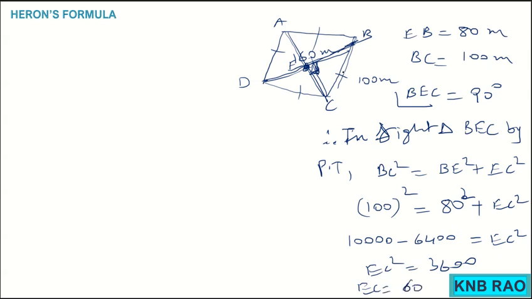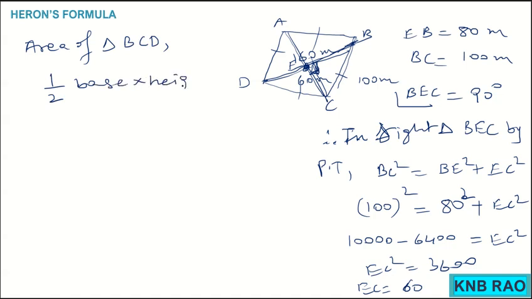The moment you got 60 as EC, that means the area of triangle BCD we can find by using half into base into height. Why?